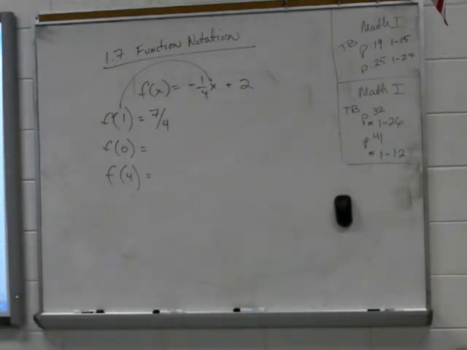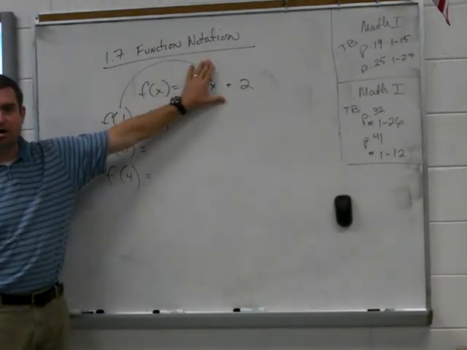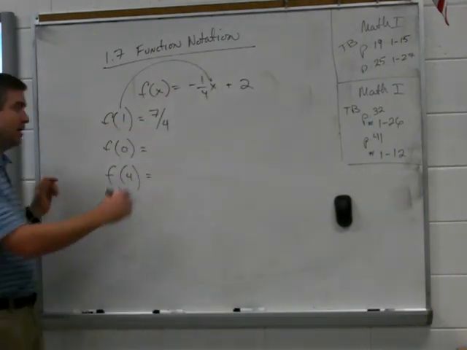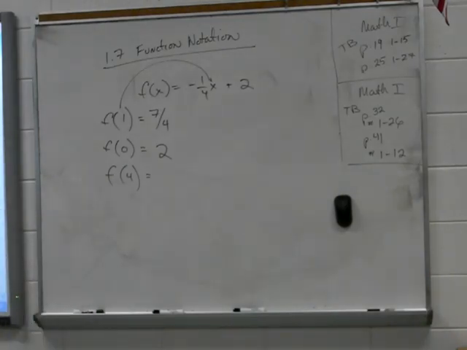Function notation. How about f of 0? Do you need your calculator for that? No, that's the easiest one to plug in. Why? When I put 0 right there, all of that just goes away. So f of 0 is equal to what? Positive 2. Anybody not understand where I'm getting these numbers? Raise your hand. Anybody not understand where 7 over 4 or 2 came from? Good.